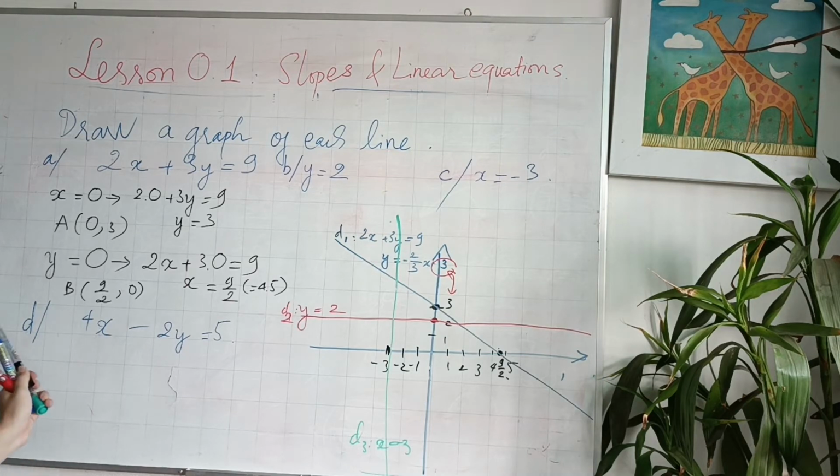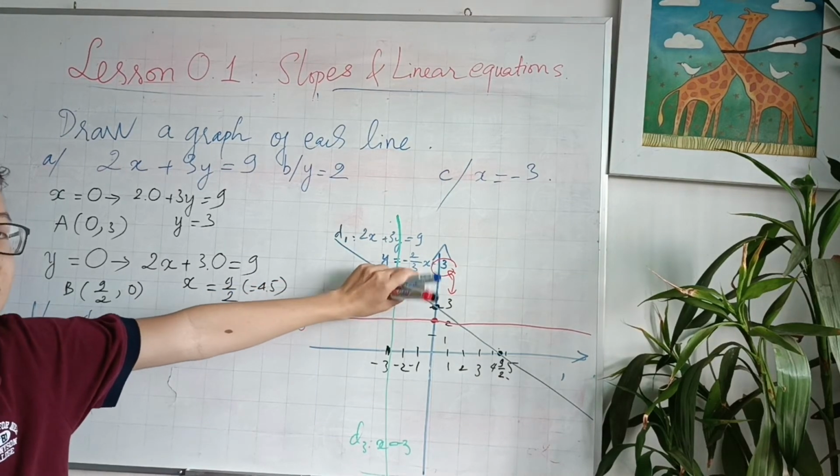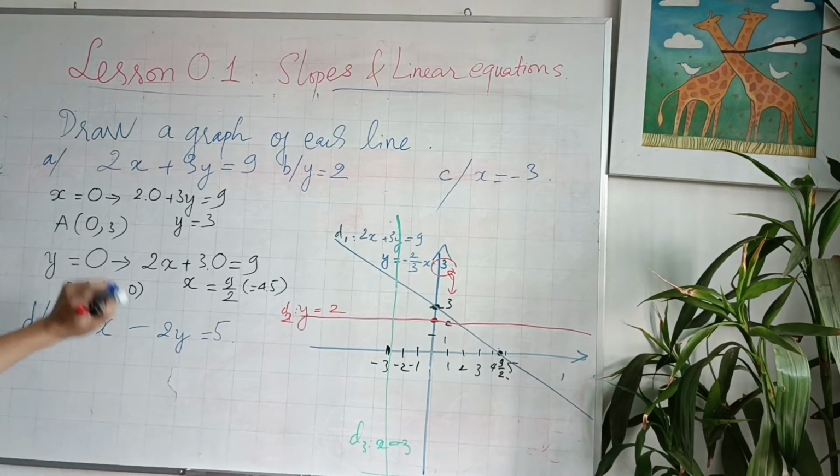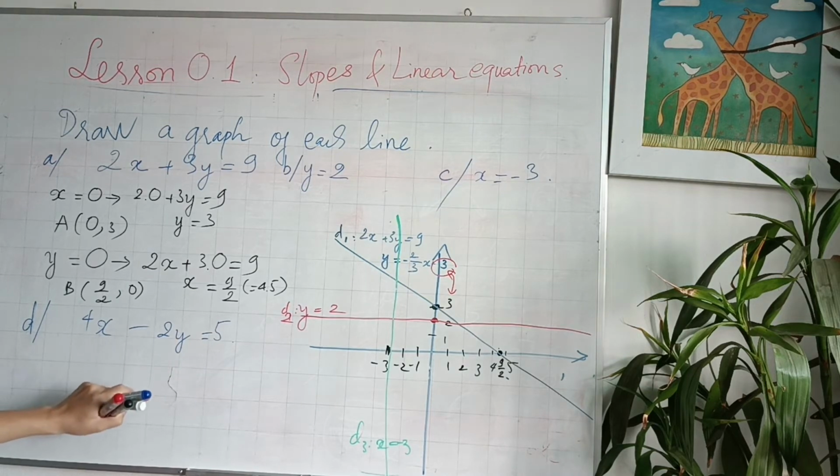And the last one, D. You can also do this question the same way as question A, but I want to illustrate another way by using the slope-intercept form. So I do the last question in another way by rewriting this linear equation in slope-intercept form, and I use the slope-intercept form to sketch this line.